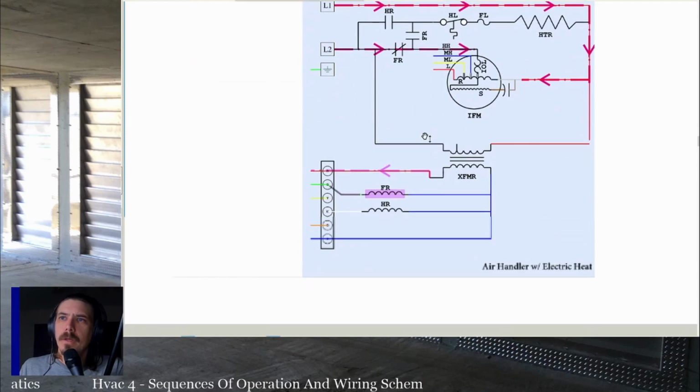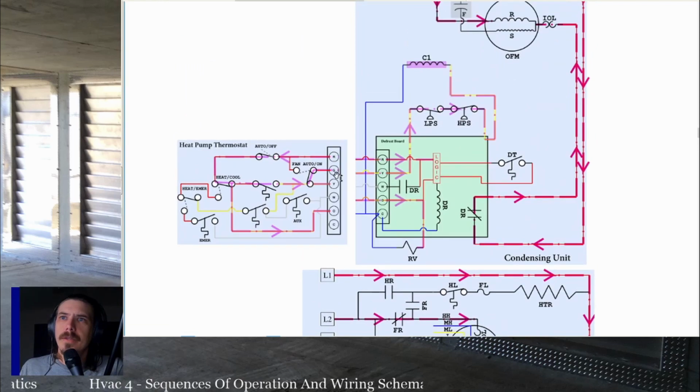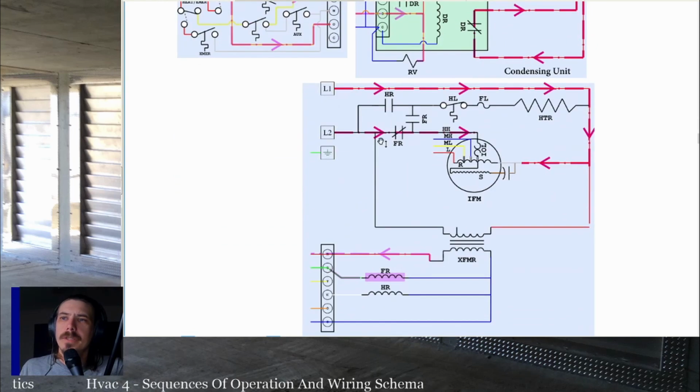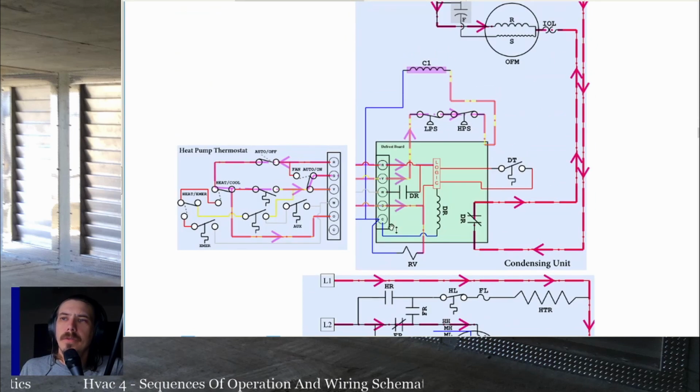So starting at the thermostat, R is sent from the air handler, the low voltage side of the transformer, to R on the thermostat. Power is going to come in, go through the auto off switch, go through the heat cool switch, come down, power O through the heat cool switch, continue, go through our cooling thermostat, and on to our outdoor unit, Y.